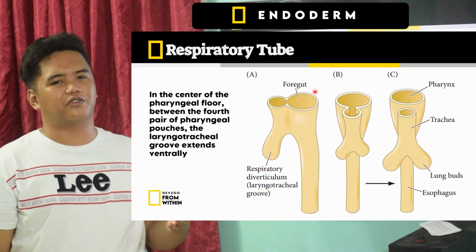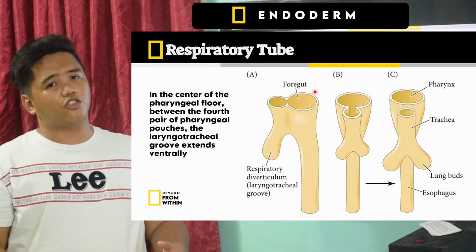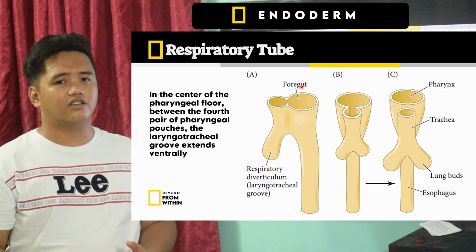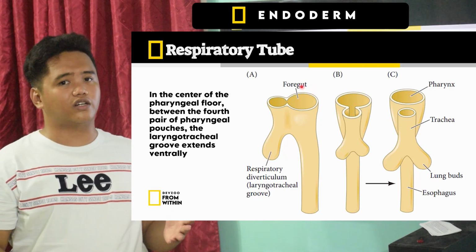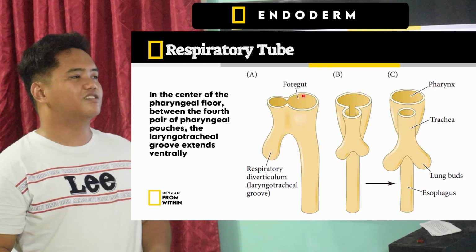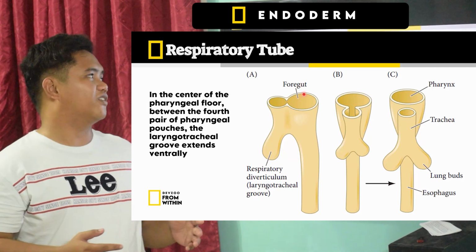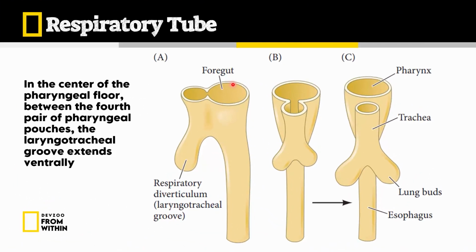So let's talk about the respiratory tubes. Although they have no role in digestion, the lungs and the respiratory tract are in fact derivatives of the stomach, or the GIT. In the center of the pharyngeal floor, between the fourth pair of pharyngeal pouches, the laryngotracheal groove extends ventrally. As you can see in illustration A, the groove forms at the fourth pouch of the pharynx.